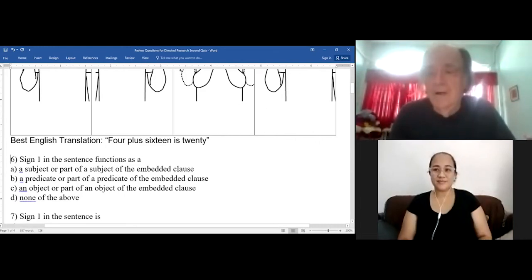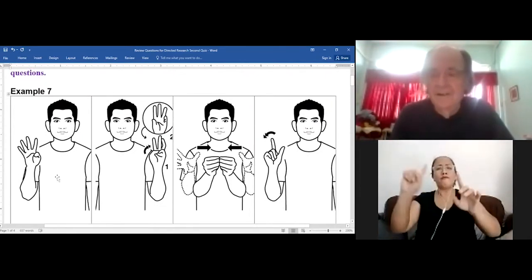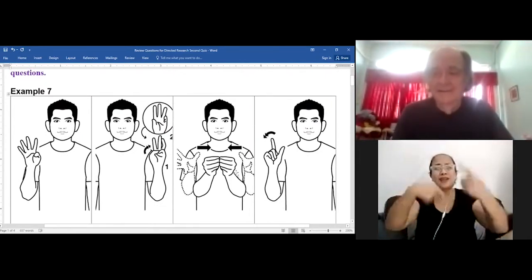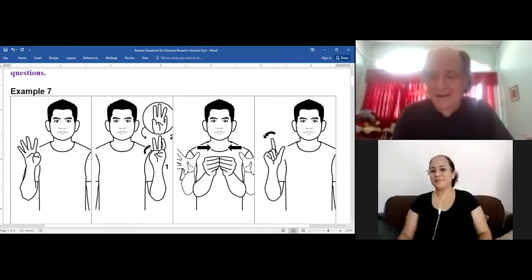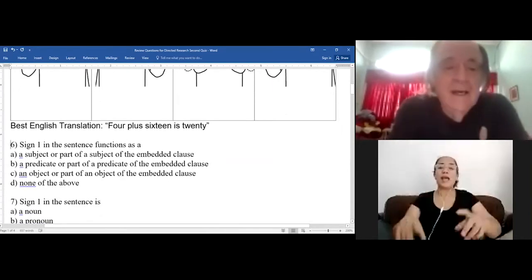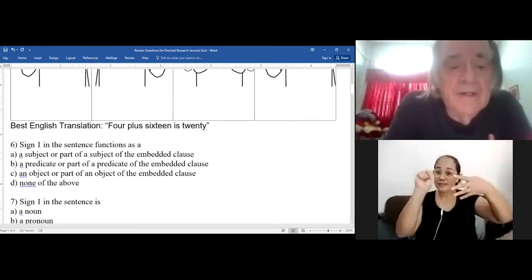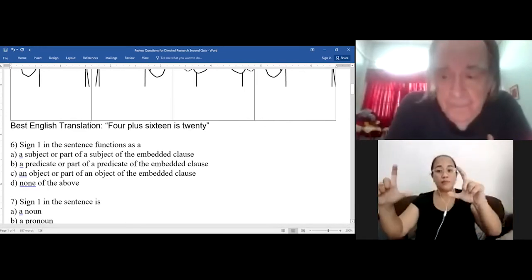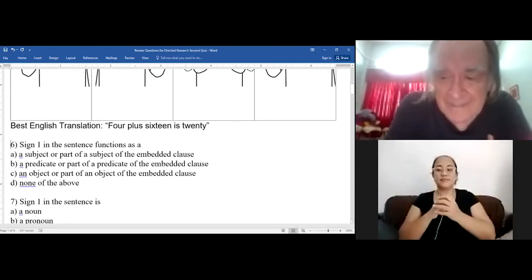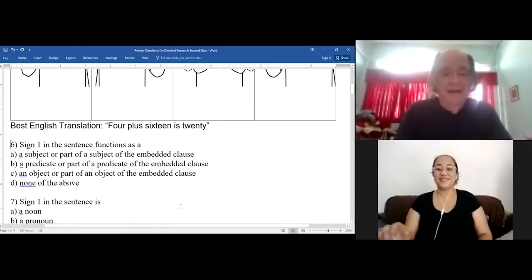No, it's the first sign. Oh, sorry, I thought it was the last sign. Sorry about that. All right, so sign number 1 in the sentence functions as a subject or part of the subject of an embedded clause. Peebs is saying he meant the first.